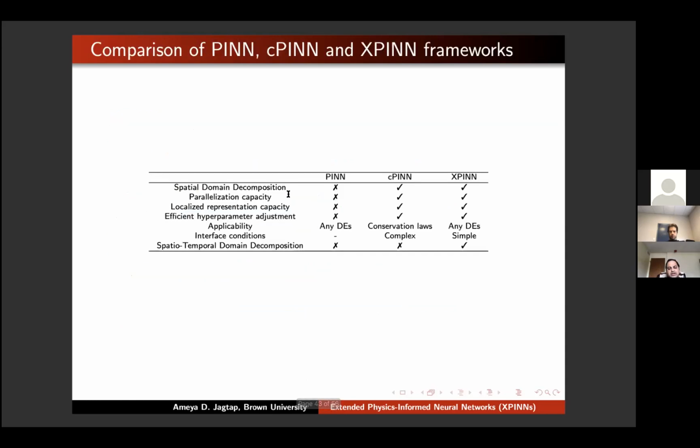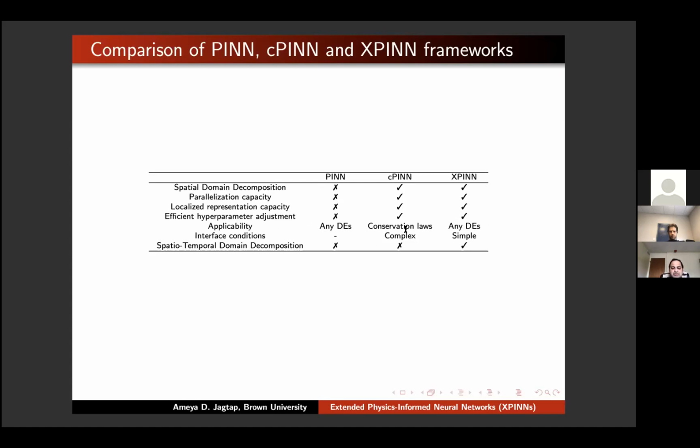Okay, so let's see a quick comparison between PINN, CPINN, and the XPINN framework. As I already discussed here, we cannot decompose PINN both spatially as well as temporally. Both CPINN and XPINN have parallelization capacity. It has large representation capacity locally, and we can adjust all the hyperparameters.